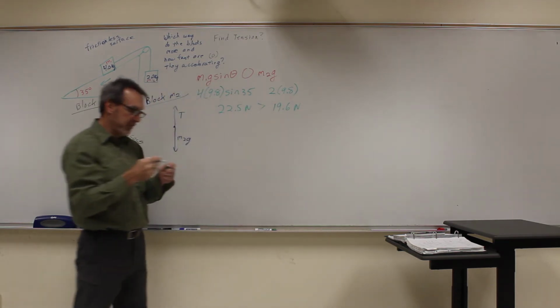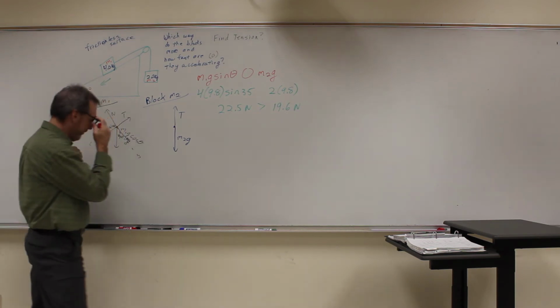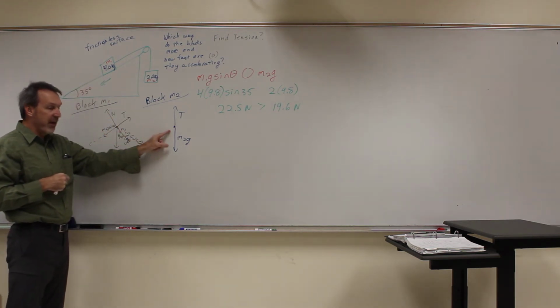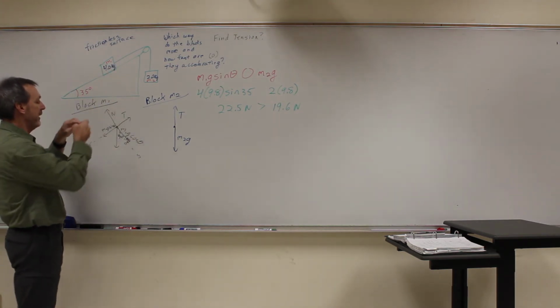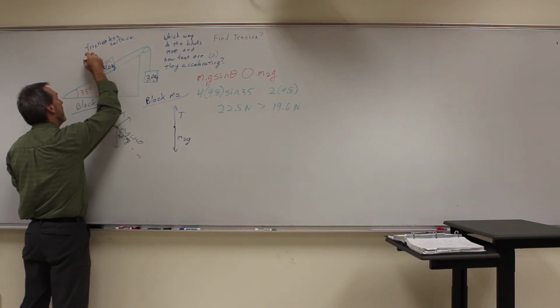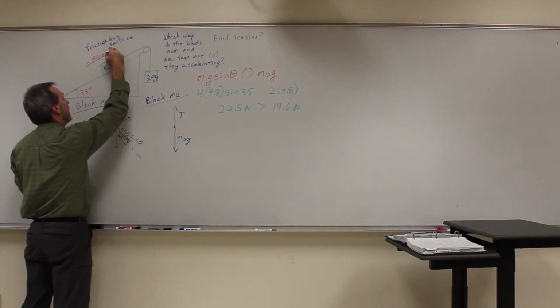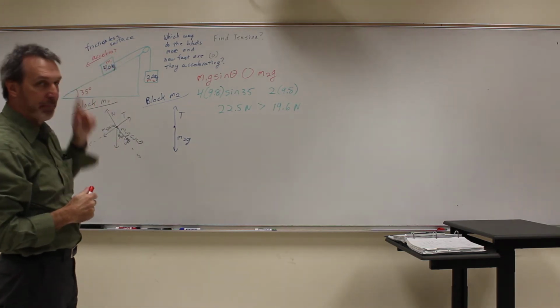Thus, this is bigger. What does that tell us? That this force is bigger than that force, so the blocks are going to be moving to the left. Right here, I'm going to put down that they're going to have a velocity in that direction. In fact, there's not just a velocity, they're going to accelerate in this direction. M1 goes to the left, M2 is going to go up.